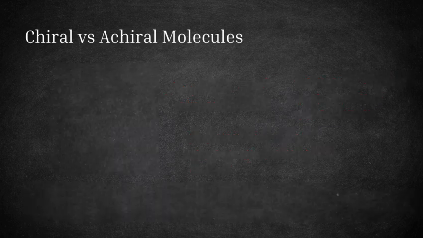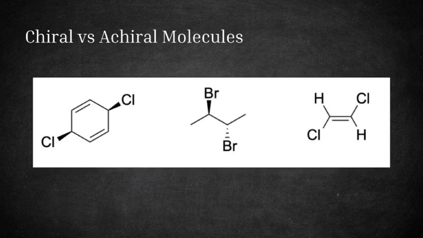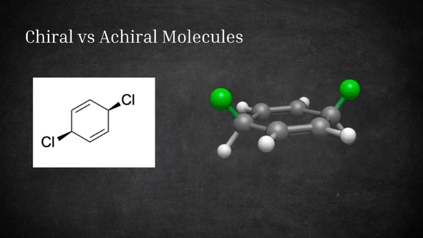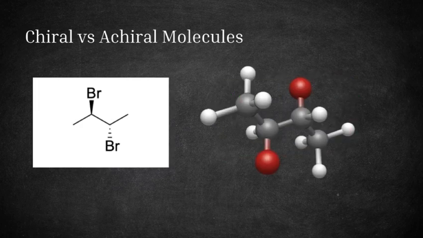A molecule is considered achiral if it has an internal plane or point of symmetry. For example, these 3 molecules are all achiral because they contain one or both of these elements of symmetry. In this substituted cyclodiene, the molecule is achiral due to 2 internal planes of symmetry. In contrast, the staggered conformation of this stereoisomer of 2,3-dibromobutane lacks a plane of symmetry, but is achiral because it has a center of inversion at the midpoint between the 2 central carbon atoms.